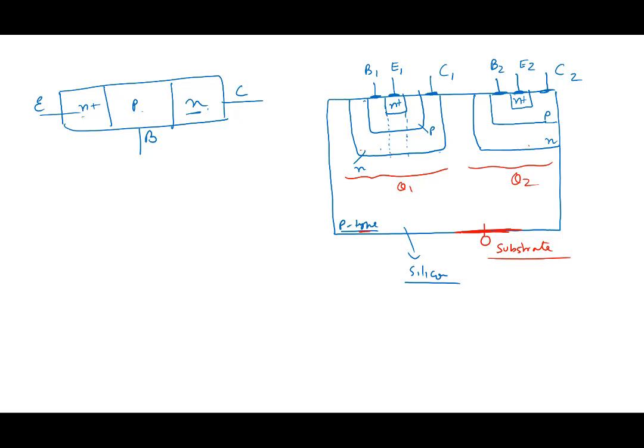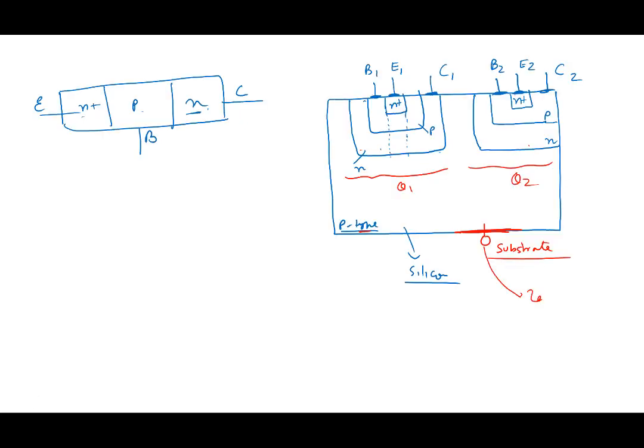Right? So what I do is, to the substrate, we apply a sufficiently large negative voltage. What does it do? When you apply a sufficiently large negative voltage, note that this is P, right? Between this N and P, what do you see?